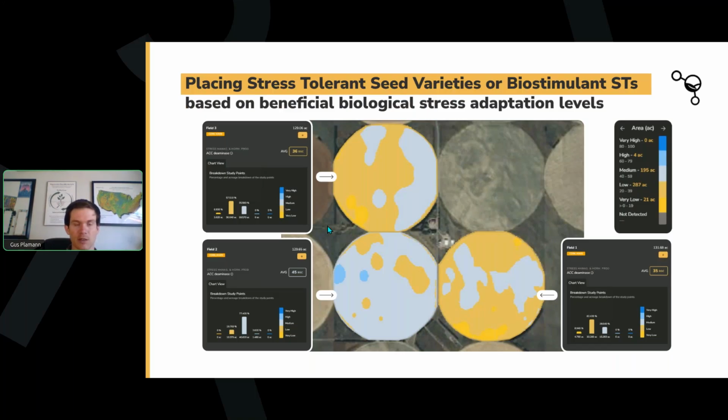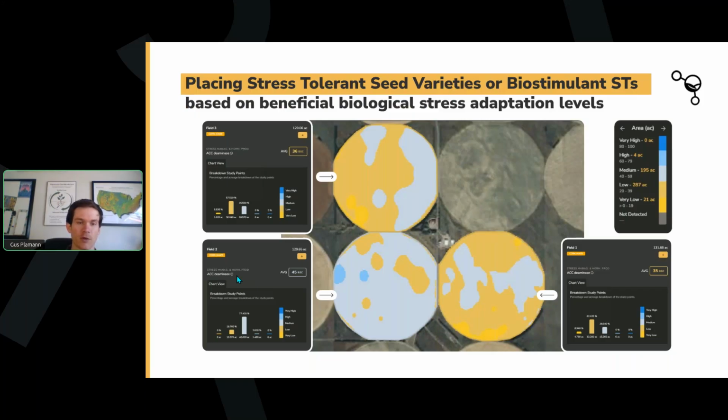But another factor that I think is a really underrated aspect of soil health and soil biology is the fact that a lot of beneficial microbes can help crops deal with some of those abiotic stressors by producing phytohormones, like in this case, ACC deaminase we're looking at. This is a phytohormone that crops naturally synthesize, but microbes also produce.